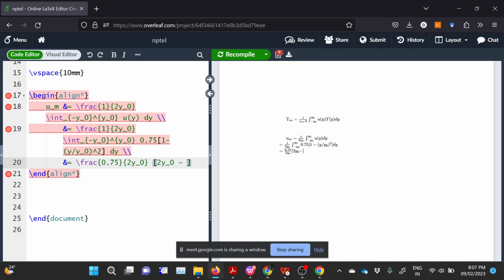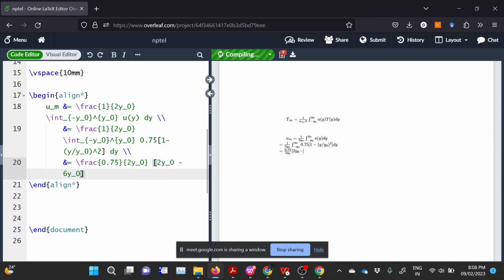So it will be 3y0 cubed minus of minus 3y0 cubed, so that becomes 6 into y0 cubed divided by y0 square, so that is again 6y0, right? Okay, no, sorry, 1 by 6, right?